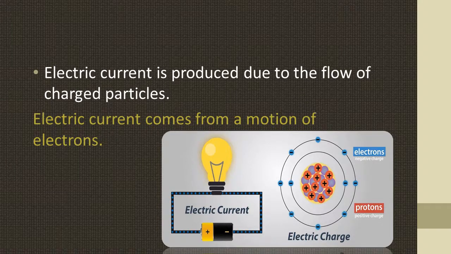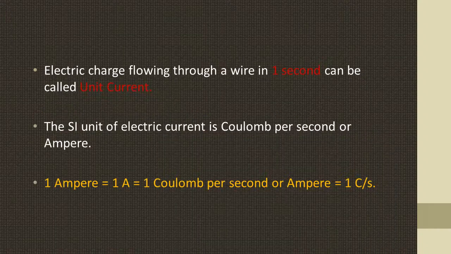Now students, electric current is produced due to the flow of charged particles. Charged particle means negatively charged electron, and electric current comes from the motion of electrons.